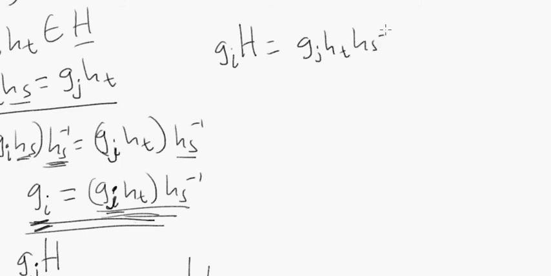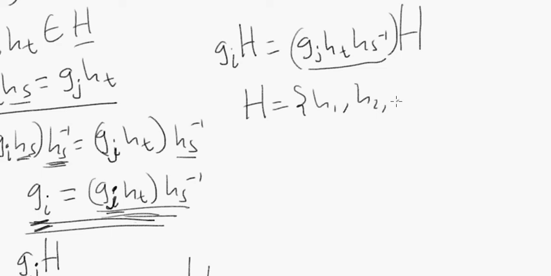Notice that this element, we've written it weirdly, but it's still GI, so it's still an element of the group, and so we could think of the coset when we left multiply this by H. Okay, well, we said that H was just equal to H1, H2, we had said it to be 1, H1, H2, up to some element HR was what we'd said.